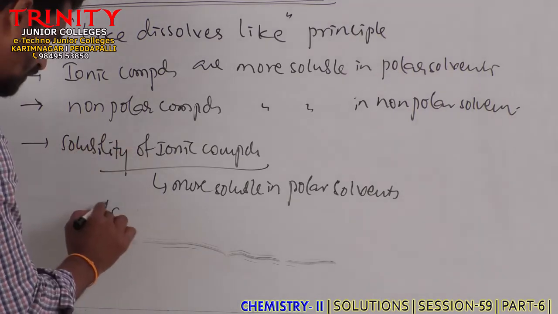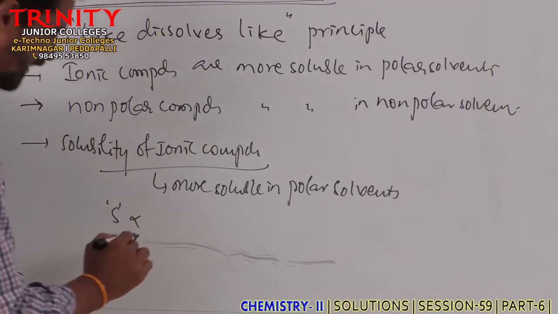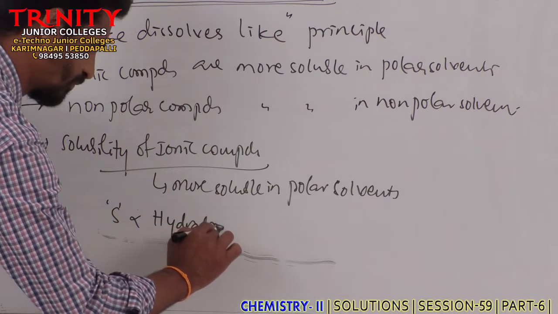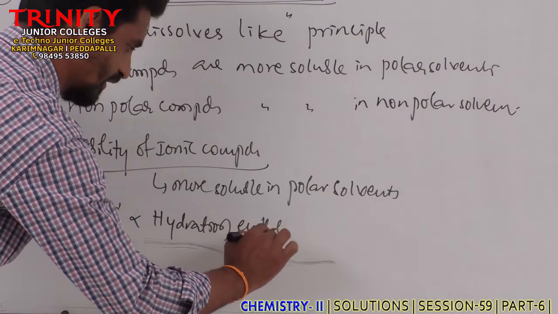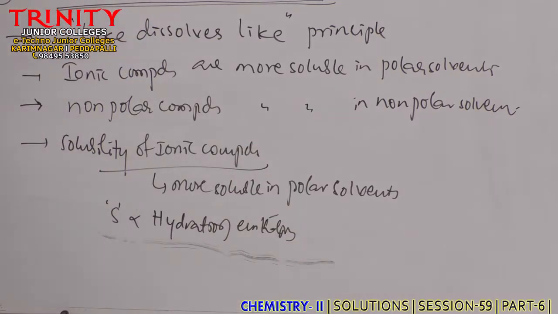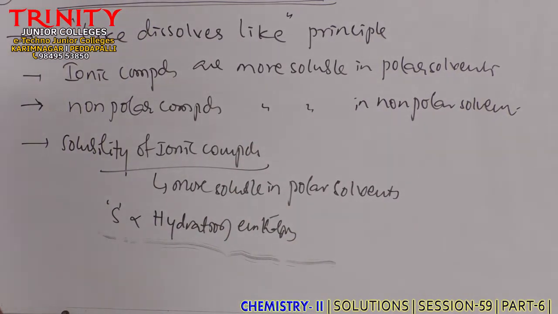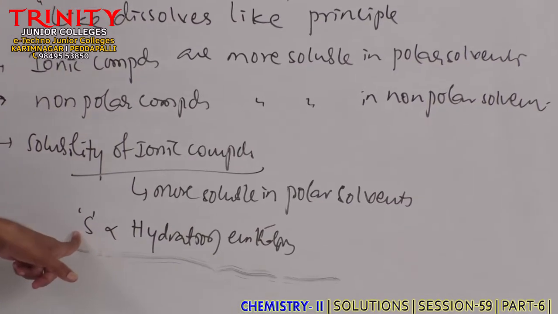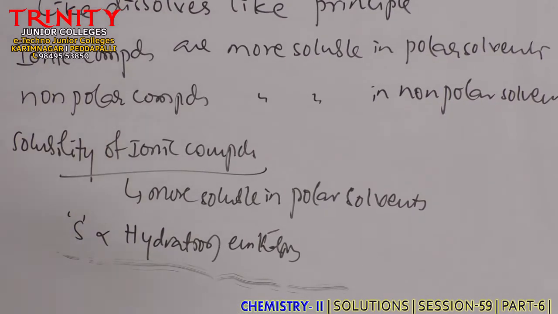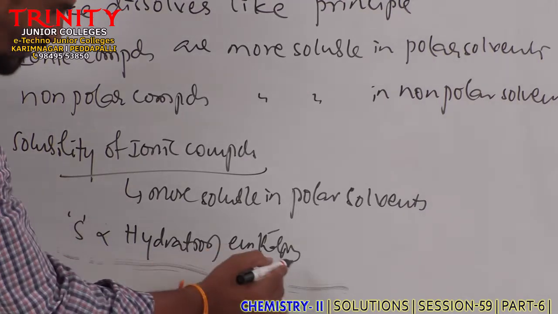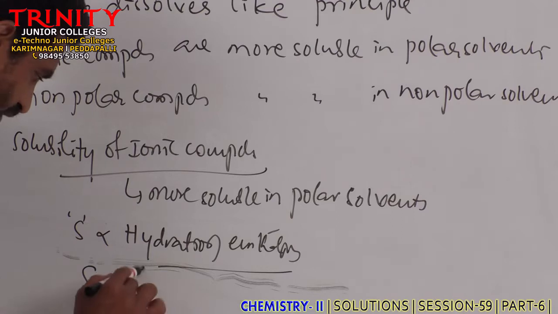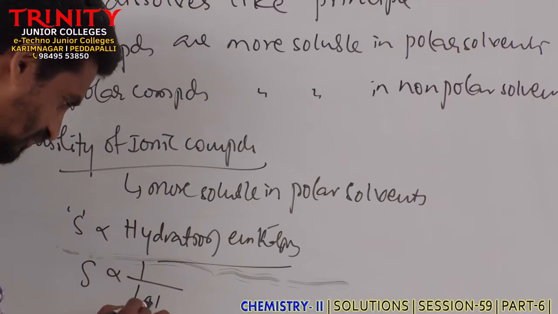Solubility of ionic compounds is directly proportional to hydration enthalpy or hydration energy. What is hydration energy? Whenever hydrated ions are formed, the energy released is the hydration enthalpy. So solubility of ionic compounds in polar solvents is directly proportional to hydration enthalpy or solvation enthalpy, and inversely proportional to lattice enthalpy.